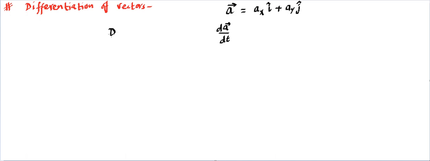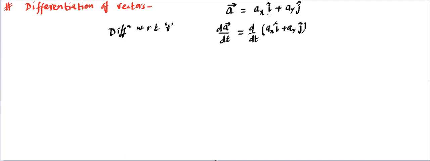So we are differentiating with respect to t. Any variable you can choose for differentiation purposes, and here I have chosen this t. So d upon dt is the operator that you need to apply on this entire function, on this entire right hand side, ax i cap plus ay j cap.